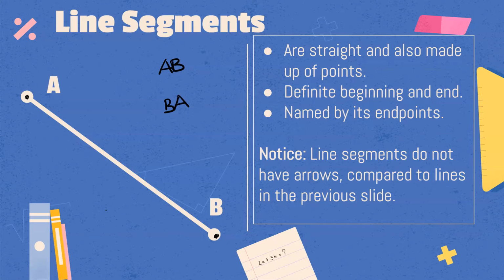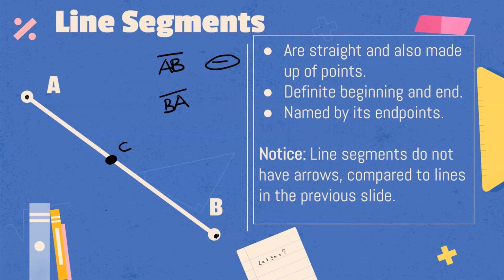And so the symbol for a line segment is just a line. And so we have to put this line when we're naming a line segment. However, we have to be careful with line segments, because let's say we put another point here. Let's say we put C right here. We know with the line, we can use any points on the line. However, with the line segment, we have to be careful and look at what we want to name.